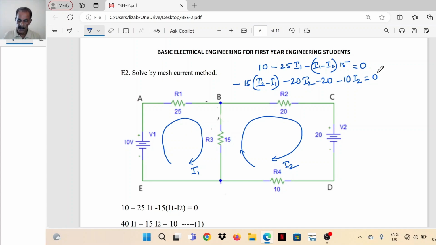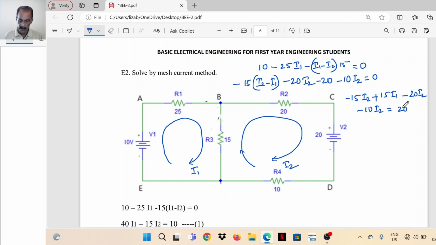While the second equation, that is minus 15 into (I2 minus I1), minus 20 I2, minus 10 I2, fall in potential, is equal to 20. Simplify it: minus 15 I2 plus 15 I1 minus 20 I2 minus 10 I2 is equal to 20.